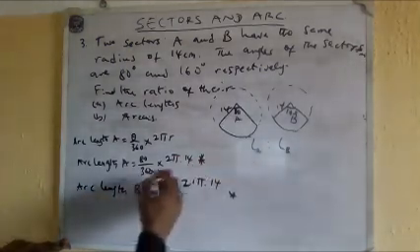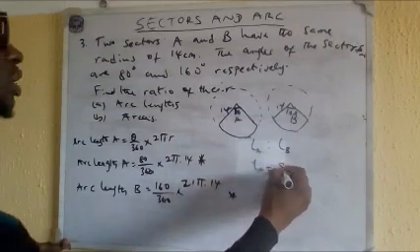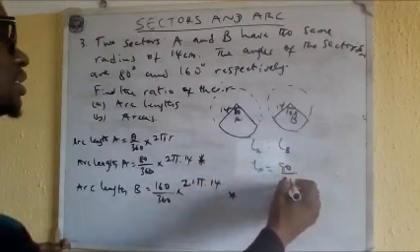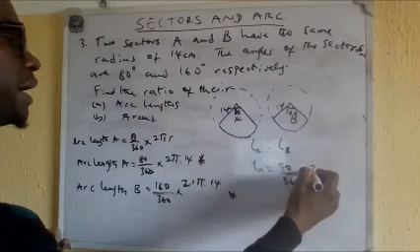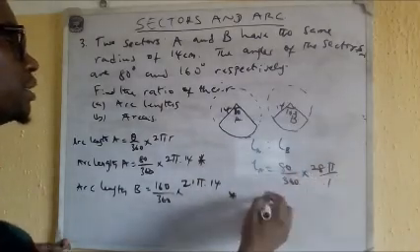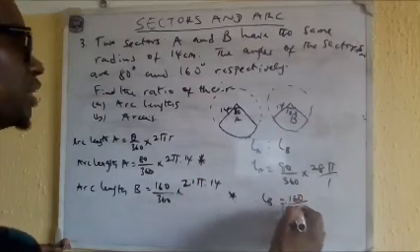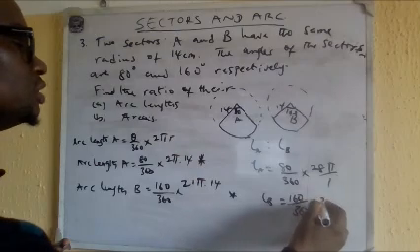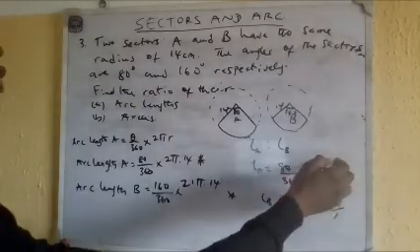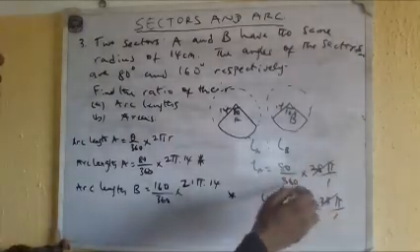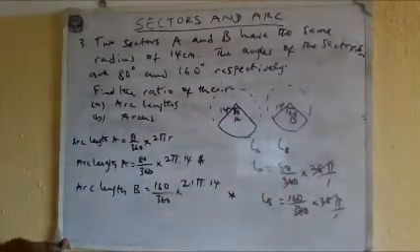LA is 80 over 360 times 28 pi, and LB is 160 over 360 times 28 pi. Because these are common, they cancel. What I'm left with is 80 and 160.